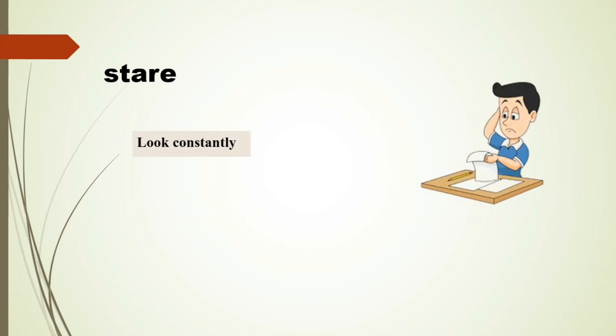And the next word is stare, S-T-A-R-E. It means look constantly. Whenever we are looking at an object or a thing constantly, that is called a stare. You can see in the picture, a child is looking at the paper constantly. That can also be called a stare.